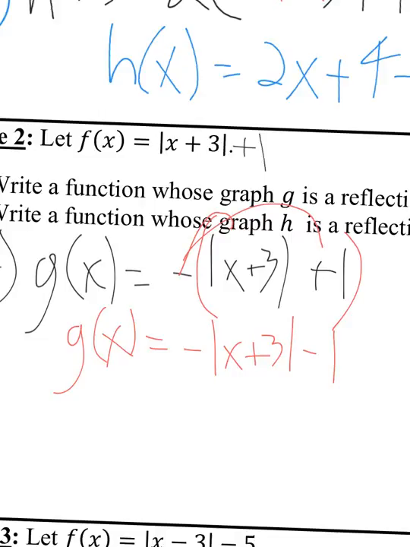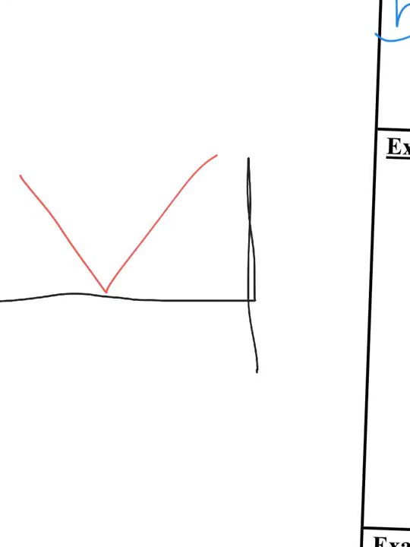So it's important to note that when you're reflecting over the x, if you hadn't distributed that negative to the whole thing, you would have had a reflection. So here's the original. You would have had a reflection. I'll just crudely draw the axes right there. That would have been like right underneath it. But when you distribute the negative, you get a more proper reflection because there's a little bit of a gap between the vertex of this.